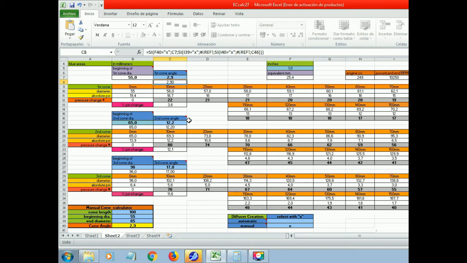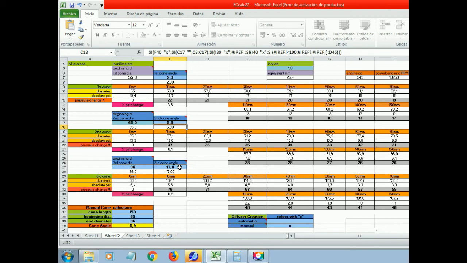Second cone of 150 begins at 65 and ends at 96. That's 5.9. It could be that he was giving me the full angle instead of the from-centerline angle. That's a good thing to always double check.